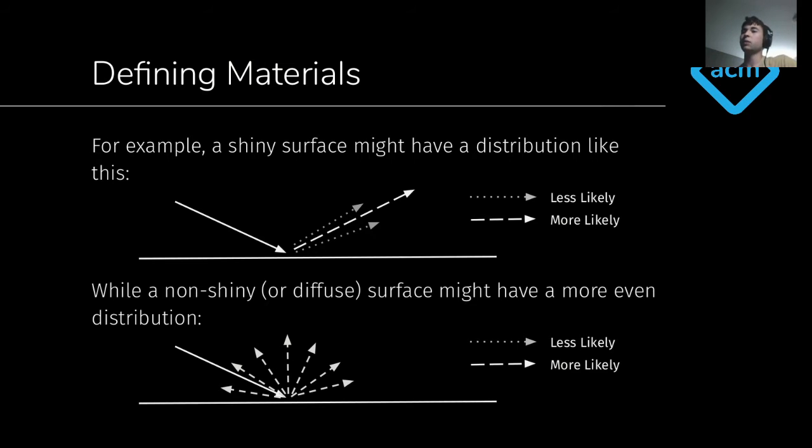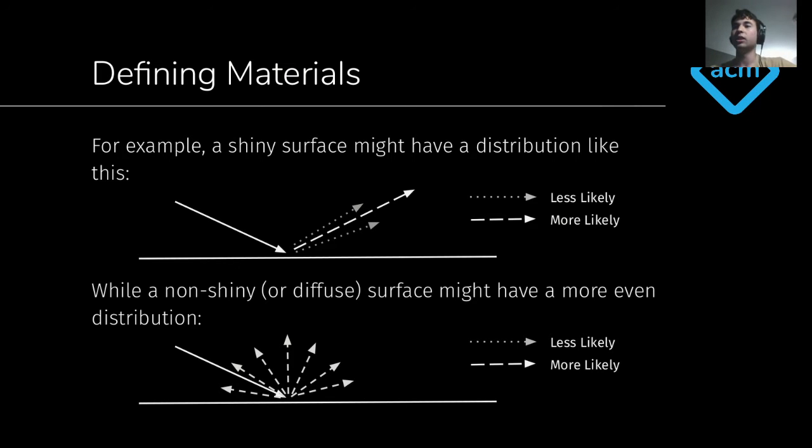Okay, so here's what the probability function might look like for a bunch of different surfaces. For example, when a light ray hits a shiny surface, it'll be more likely to be reflected in the reflective direction, basically around the normal.